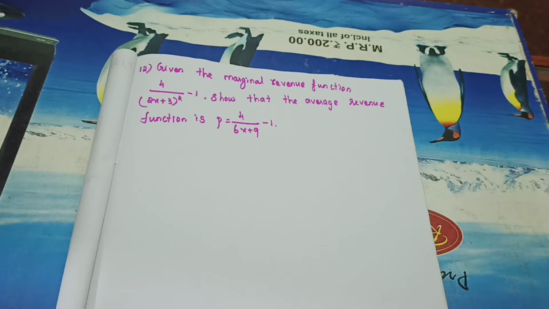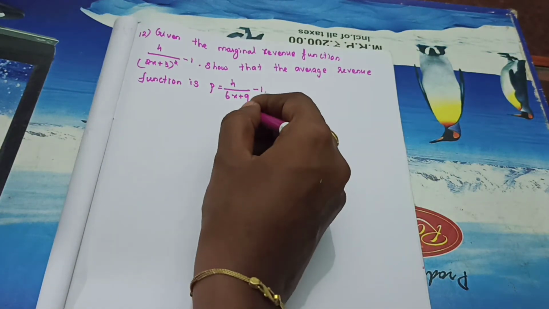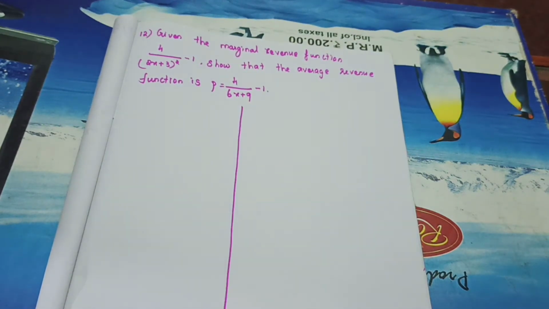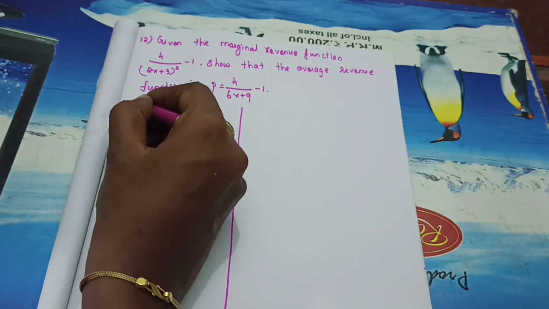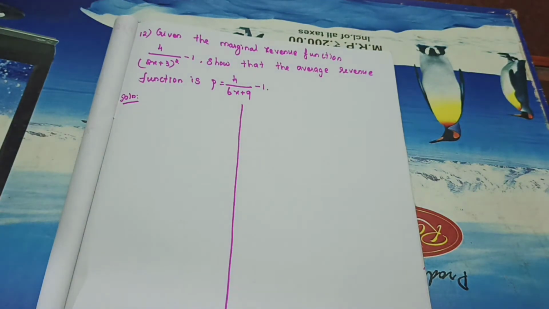Very important question. Listen here very carefully. Understand? It is just a calculation. Remaining everything will be very simple. So what's the value given in your question? First you go through that. What's the marginal revenue function?